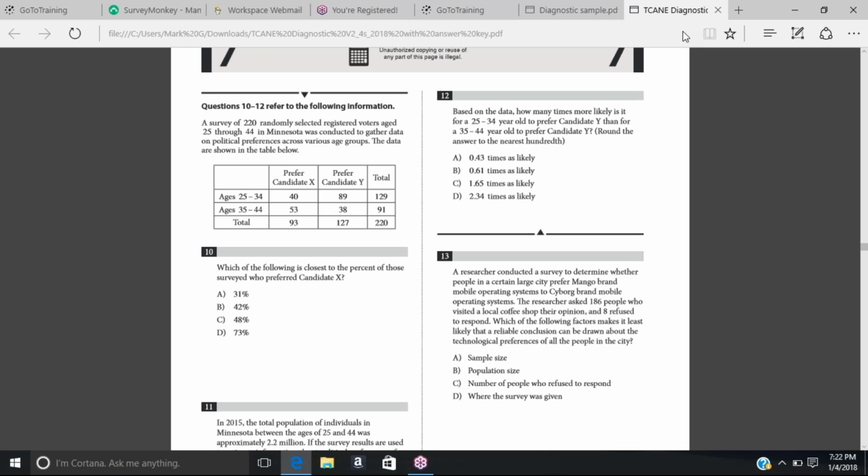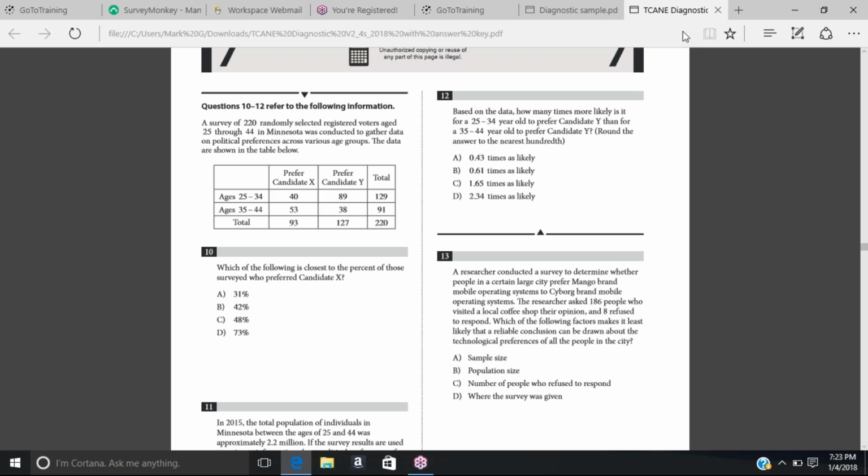It actually sort of fits. Bernie was the favorite of younger people 2 years ago. And ages 25 to 34, the younger group, they prefer candidate Y, 89 to 40. Older people were more Hillary fans. And 53 to 38, that's their breakdown on line 2, 53 to 38.